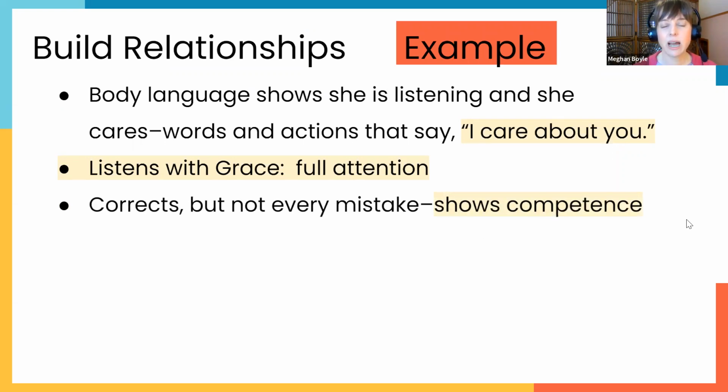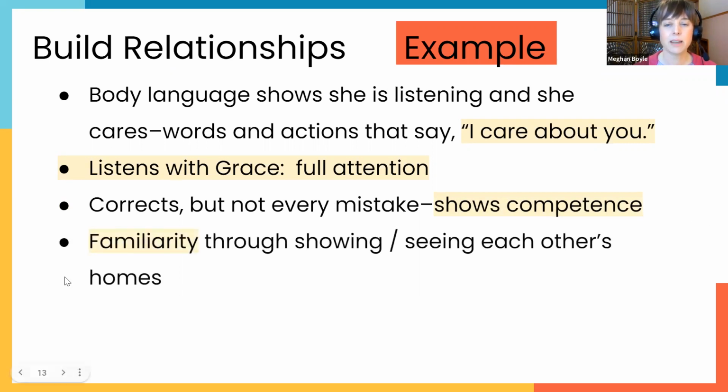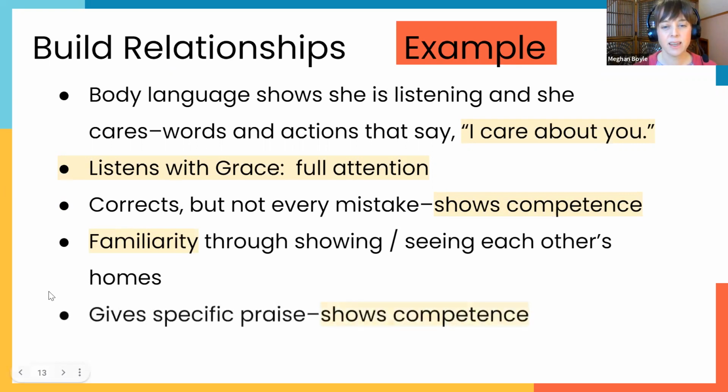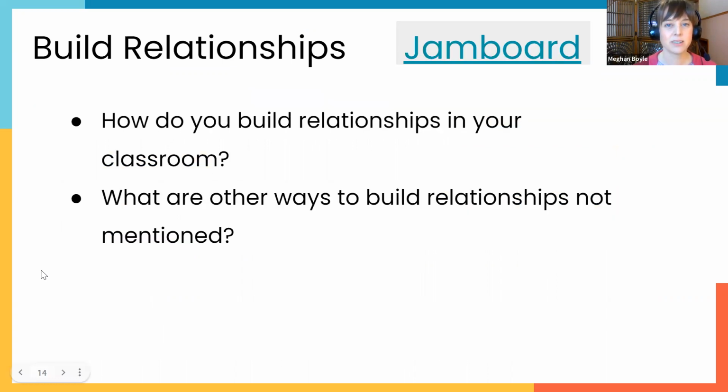In that way, she shows competence. So another embodiment of what Hammond talks about. And the familiarity through showing or seeing each other's homes as well. And she gives specific praise. And again, that shows competence. And just in general, she jokes, she keeps it light. She's clearly enjoying herself, as somebody mentioned.